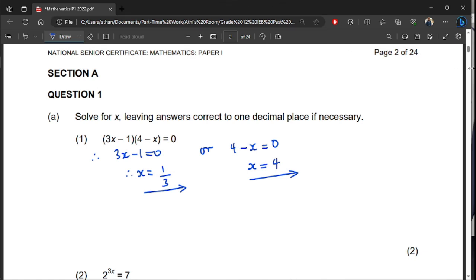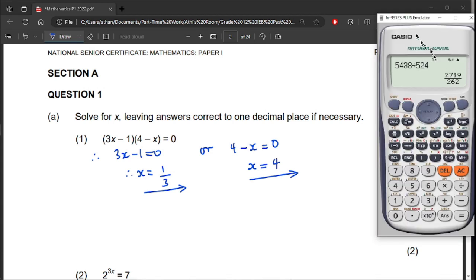Now guys, please note that it is very important for you to check your answers by just punching them in a calculator to see if they are valid or not. Some of the answers that you might get might not be valid. So here I'm just trying to check if our answers are correct.